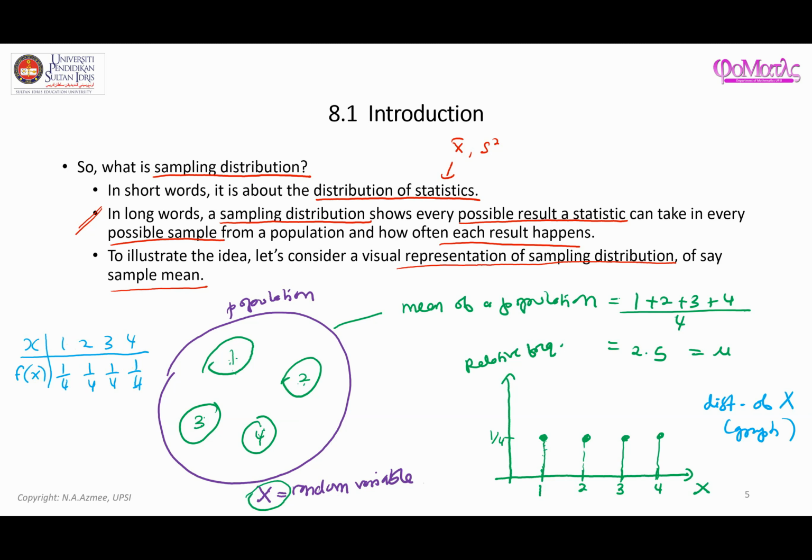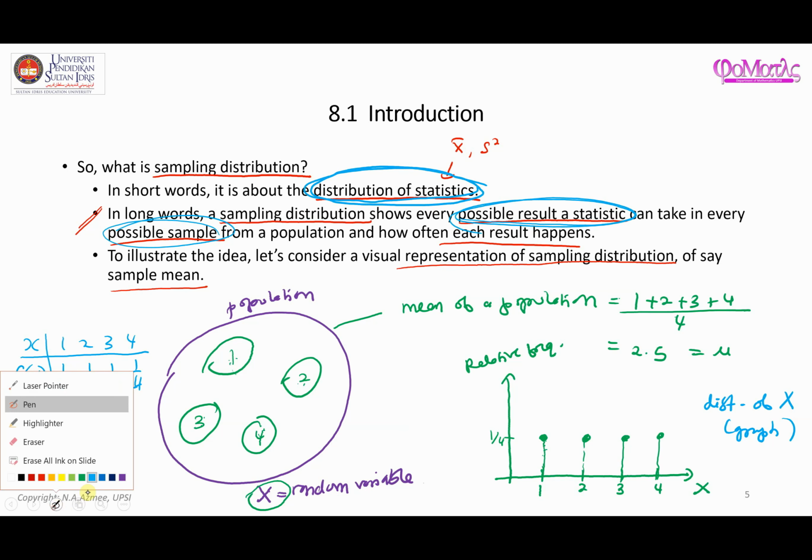Now let's talk about the distribution of statistics. It says here, when you talk about sampling distribution, you want to find every possible result a statistic can take in every possible sample. Now let's say that we are going to sample n equals 2, 2 items from this population with replacement.